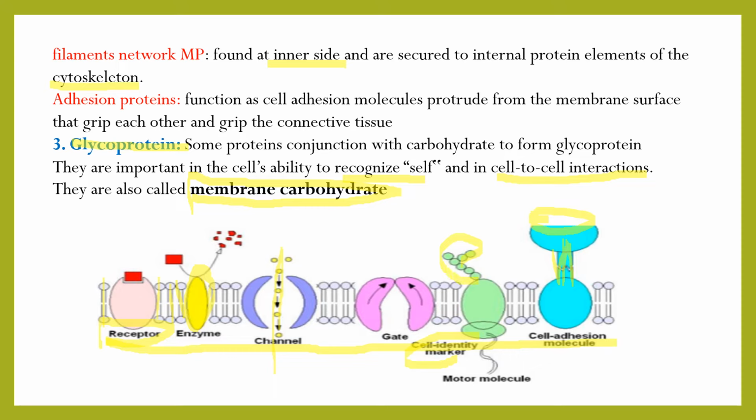Glycoproteins are important for recognizing or identifying cells from one another. Still, these are cell adhesion molecules that grip the cells to one another, or grip the cell to the connective tissue. So these molecules are very important to hold the cell in its place.